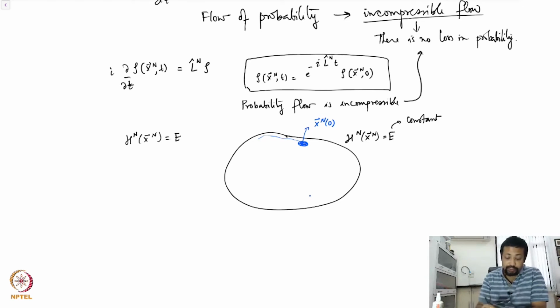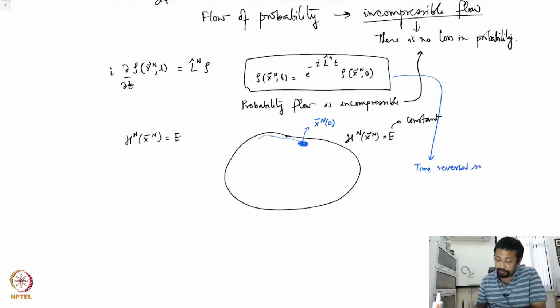The Liouville equation has several properties. Number one is, this obeys the time reversal symmetry, because the underlying microscopic dynamics obeys the Hamiltonian equation of motion, which is time reversal invariant. Therefore, this equation obeys time reversal symmetry, right?